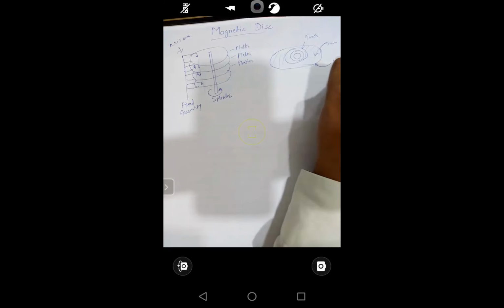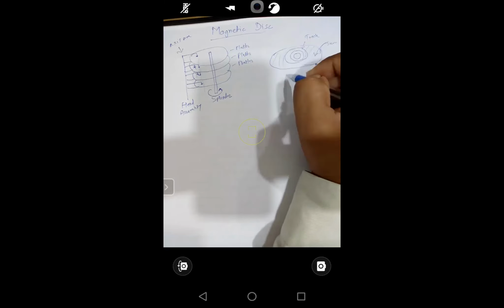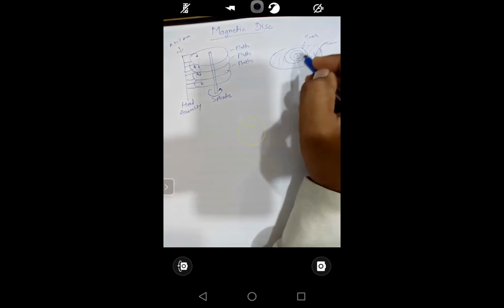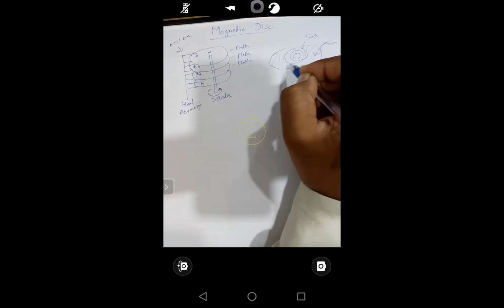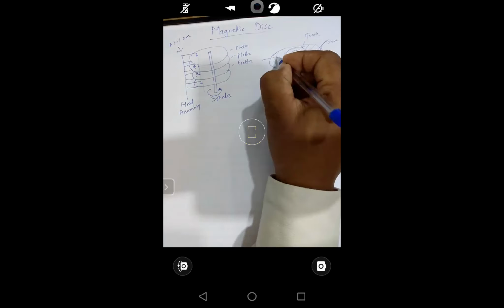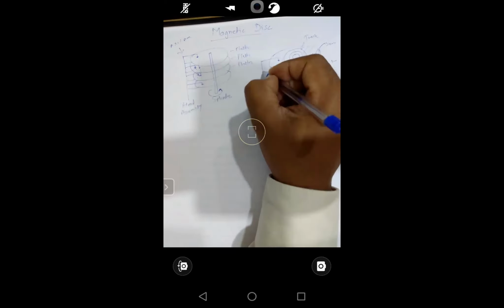You can write or read from the top as well as from the bottom. Obviously two heads are provided to read the data from both sides, the top side and the bottom side.